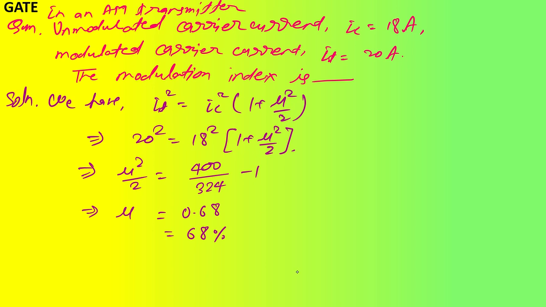So it's up to you how quickly you calculate these values. 400 by 324 is 1.23, minus 1, so that is going to come up as 0.23. Okay, and 0.23 into 2 is 0.46. So mu will be the square root of 0.46, that will be 0.68, that is 68%.